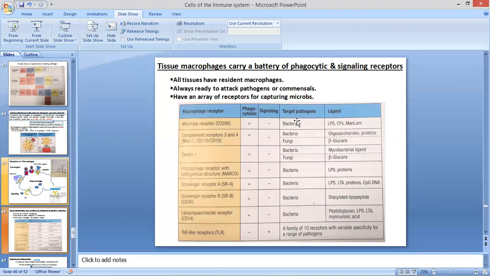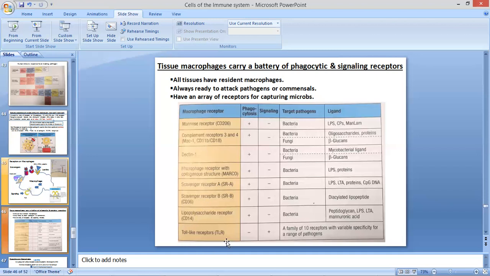So many different types of bacteria or fungi which are sharing these carbohydrates or lipids would be recognized the same way by macrophages with the help of these receptors.